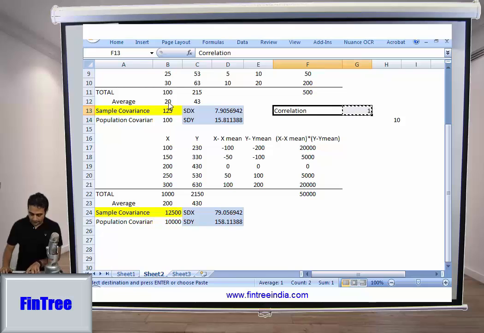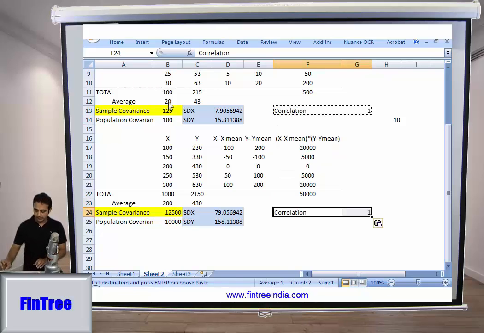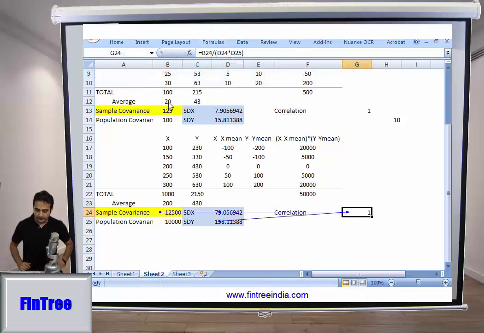And with the same formula here, correlation again would come out to be a perfect 1. That 1 is being calculated as 125,000 divided by the multiplication of these two standard deviations. Okay, so write down the formula of correlation. We will write two formulas.